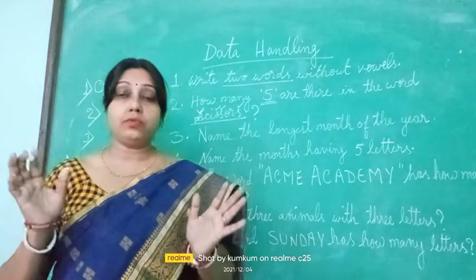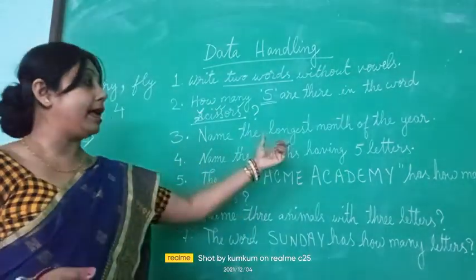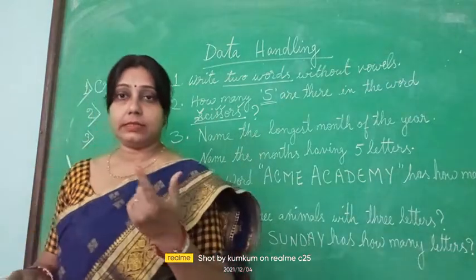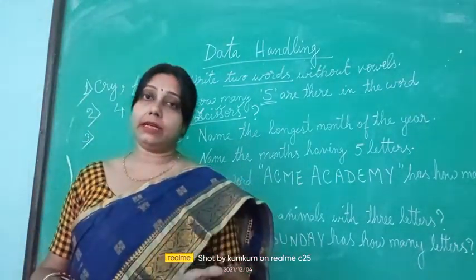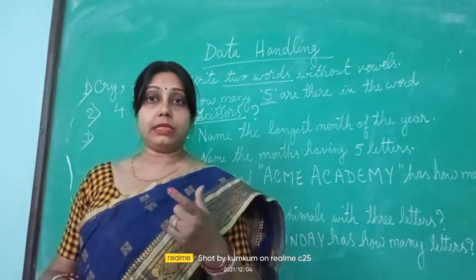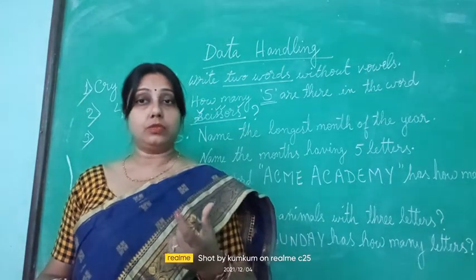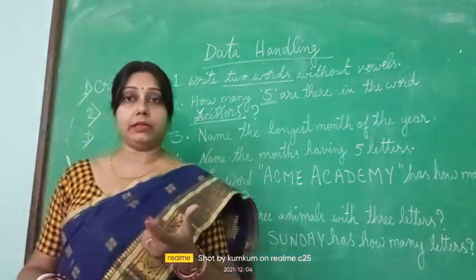So in these 12 months, which is the longest month? That means spelling wise. Longest, because some are having 31 days, some are having 30 days. So not date wise. You have to see the spelling of the months. So among them, which is the longest month of the year?